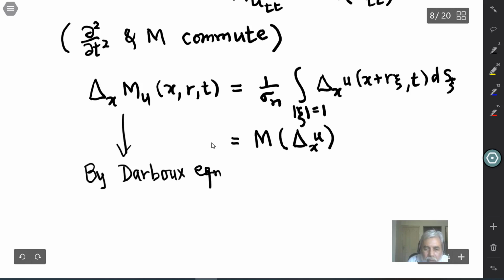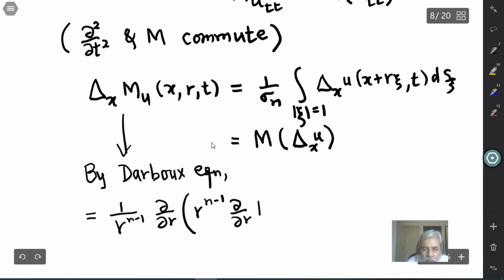This equals 1 by r to the n minus 1, del by del r of r to the n minus 1 del by del r of m u.